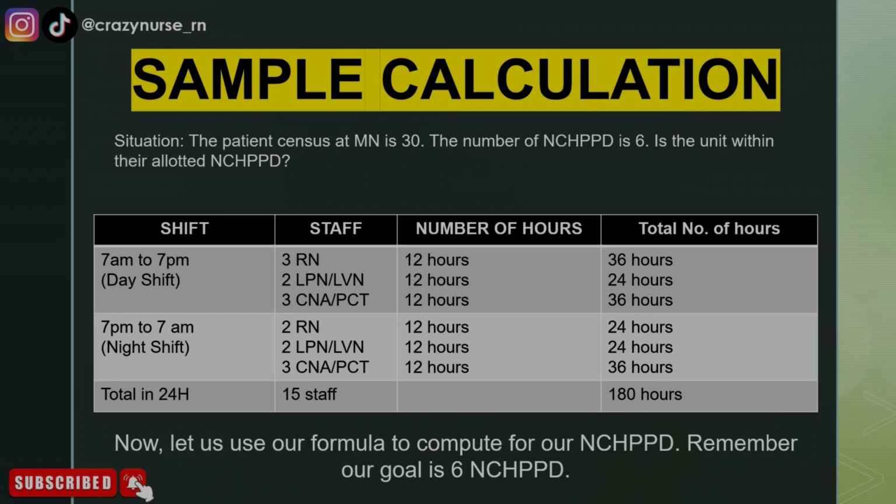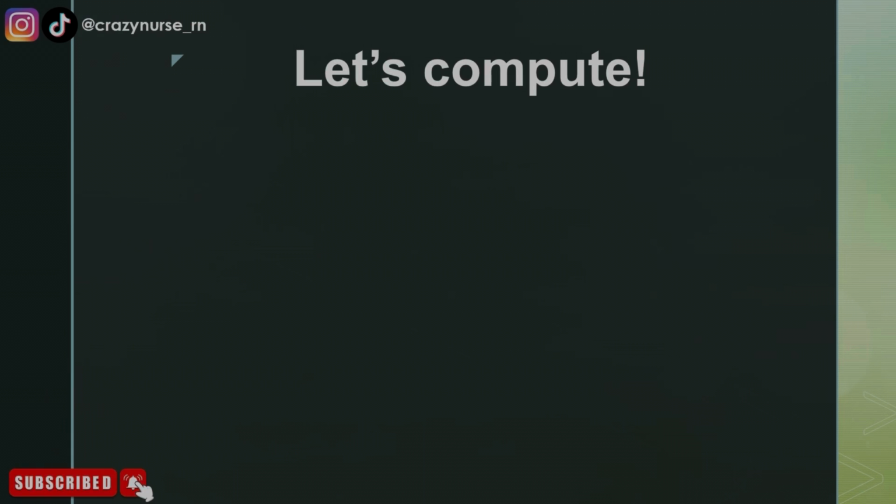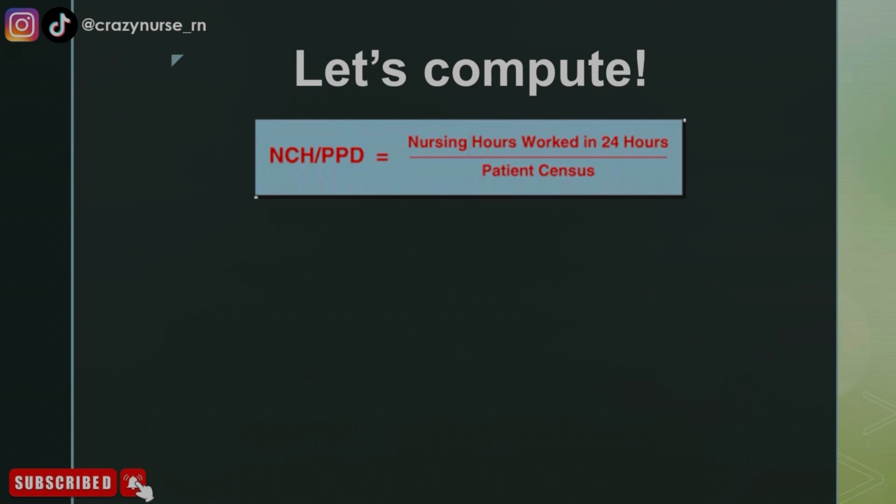Now let us use our formula to compute for our NCH-PPD. And remember, our goal is 6 nursing care hours per patient day. Please take note of that. Now let's compute. So here is our formula: nursing hours worked in 24 hours over patient census.